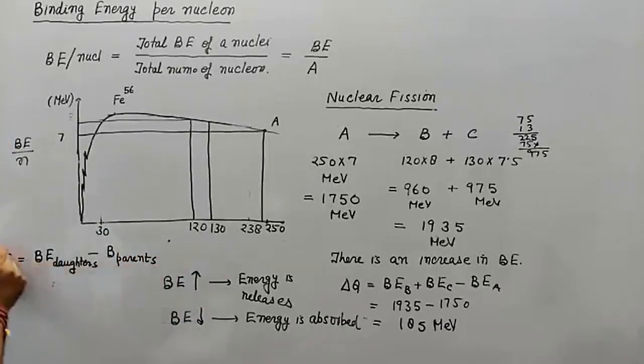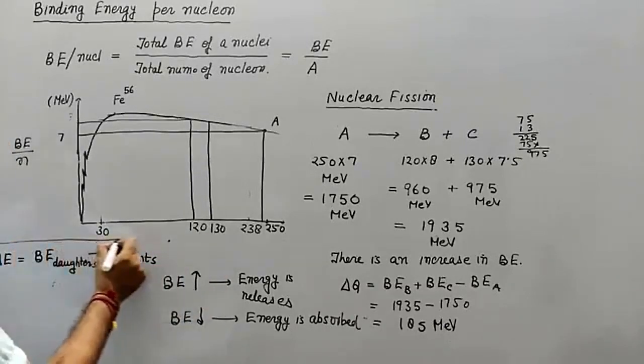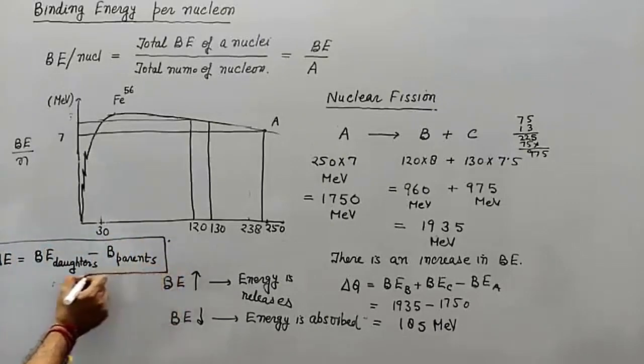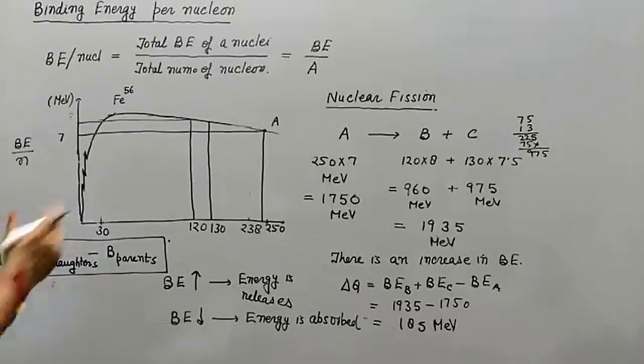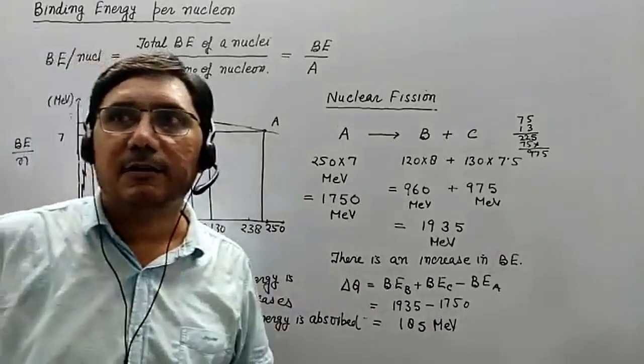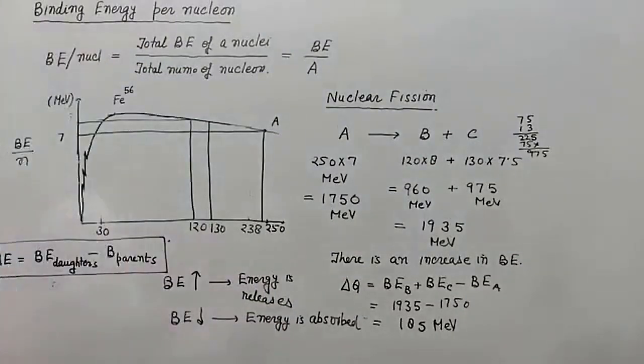This is the formula for calculating energy released. So in this way, we have shown that in the case of nuclear fission, a large amount of energy, roughly 200 MeV, will be released.